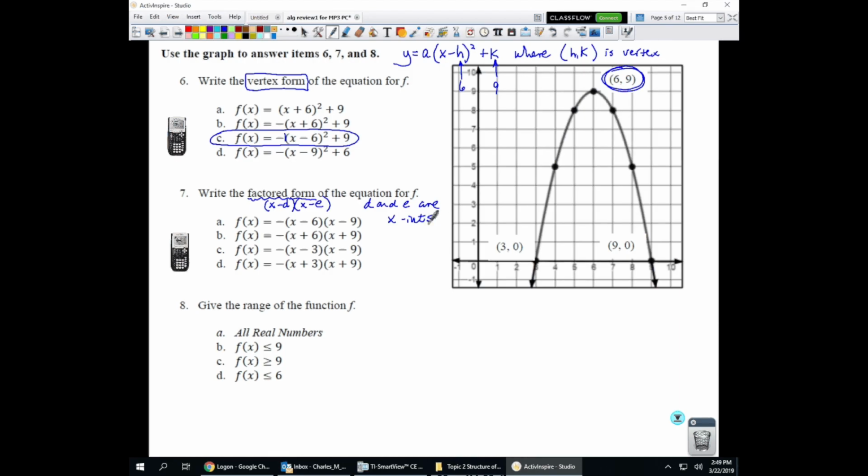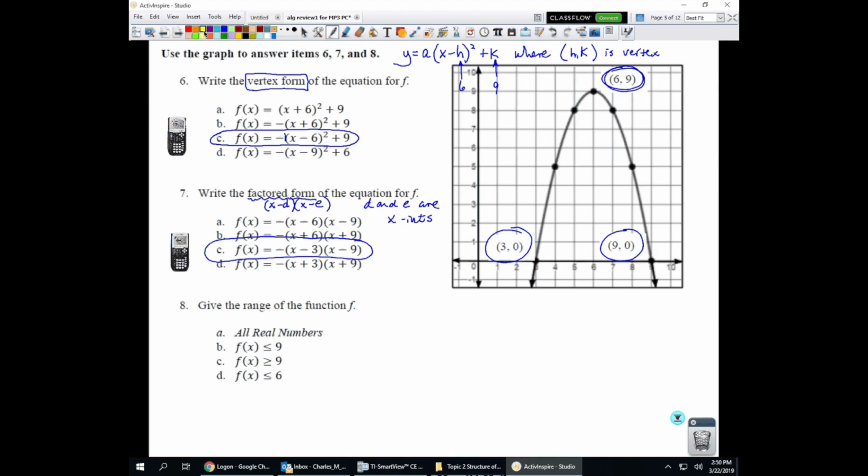So if we just go over here and identify our x-intercepts as 3 and 9, we just need to substitute those values in for d and e. So we would want x minus 3 and x minus 9. And once again, that was choice C. The negative sign in front of the first parentheses is, again, just an a value of -1, which is why our parabola is open down.